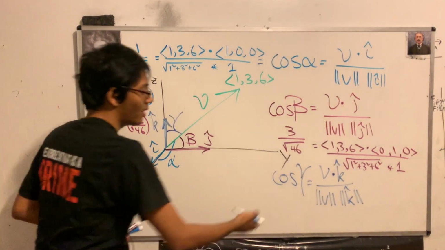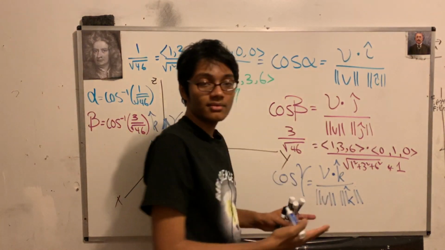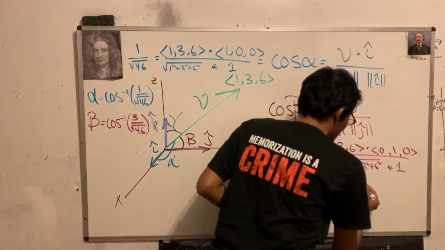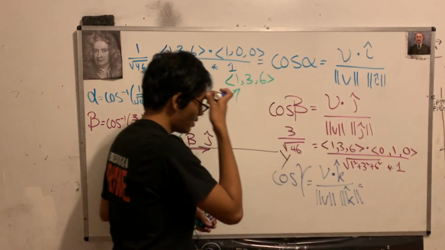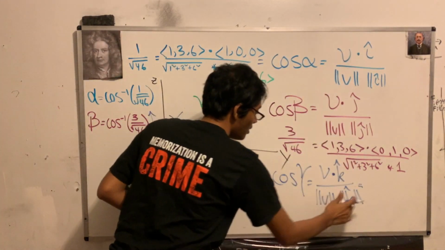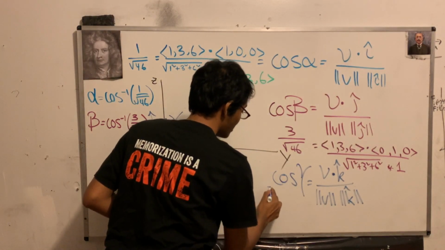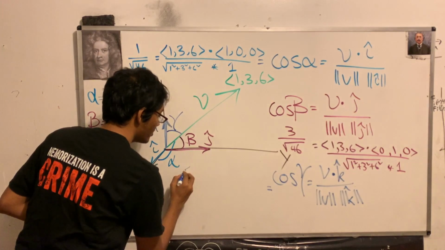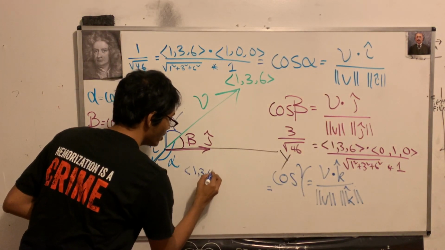And finally, we come over here, right, with gamma. How do we find the angle gamma? Well, once again, do the same thing, right? You're going to have on the top, what are we going to have? Well, hopefully I don't run out of ink here. That'll be live embarrassment. But what's my vector v? It's going to be 1, 3, 6.